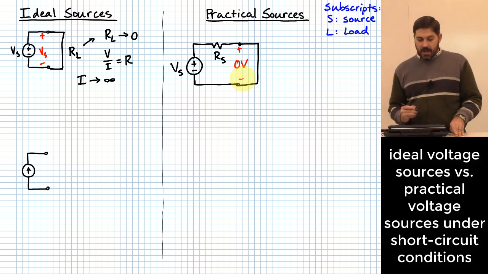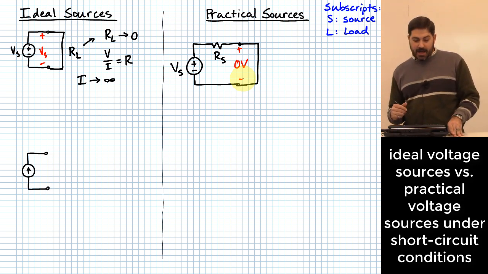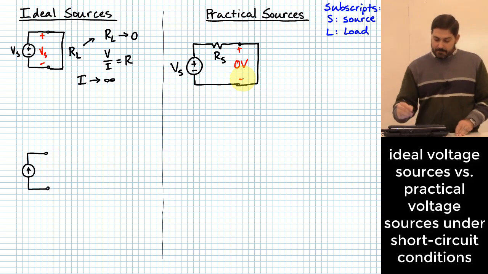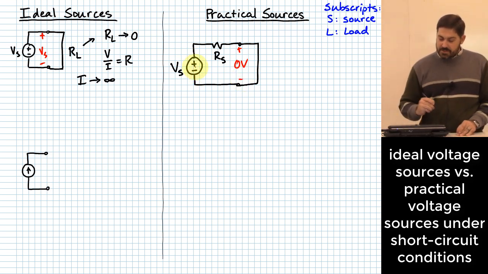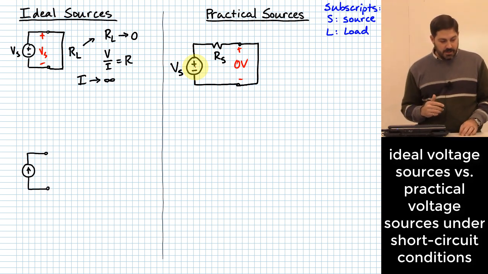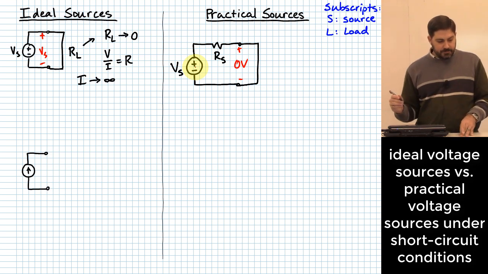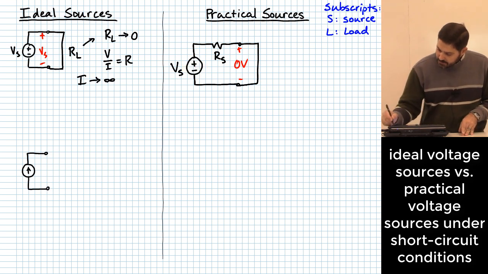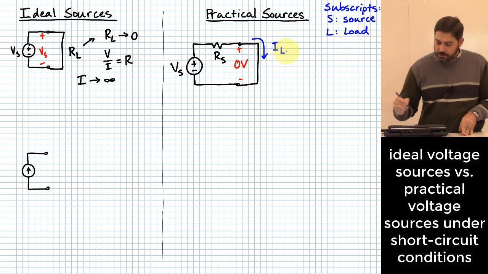Okay. It's not. We actually saw something a little bit like that when we did our current test with the battery. Now the amount of current that the ideal source inside the battery is pushing is only limited by its own internal resistance. A lot of times we're going to talk about these in terms of this variable IL, meaning the current through the load. 0 volts here is actually VL, that's the voltage across the load.